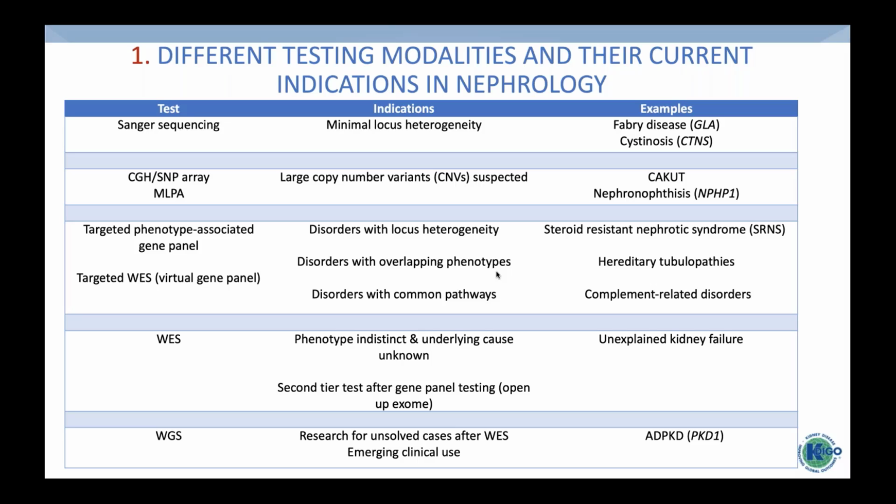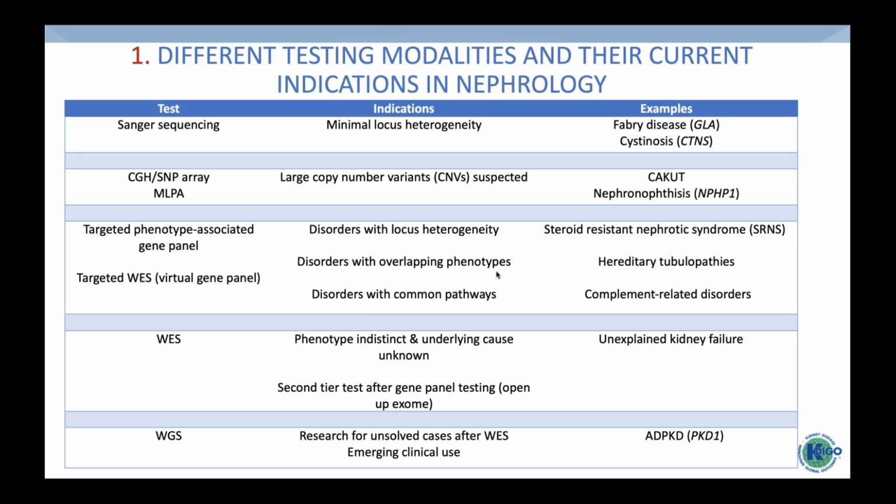Most recently, the new kid on the block, so to speak, is whole genome sequencing, which has also been emerging these last few years and is now in some locations globally clinically accredited. And this has a very interesting role, because in some ways this is almost the test to unite them all. It can do many different things that its antecedent tests could do.